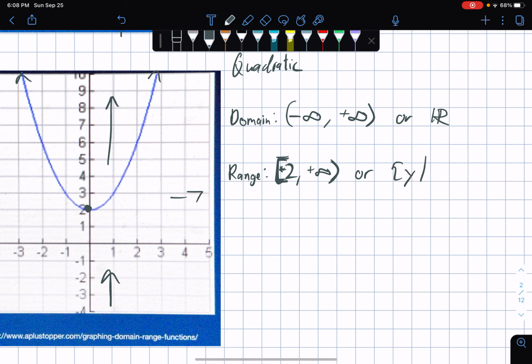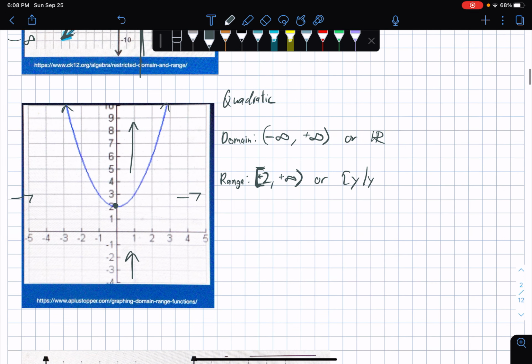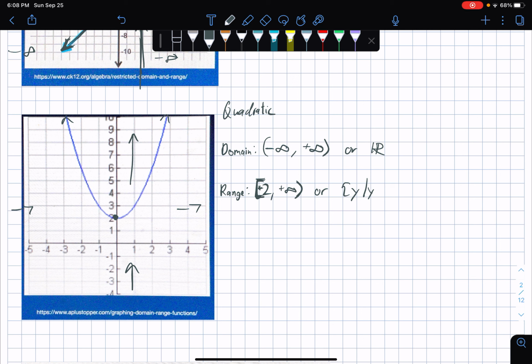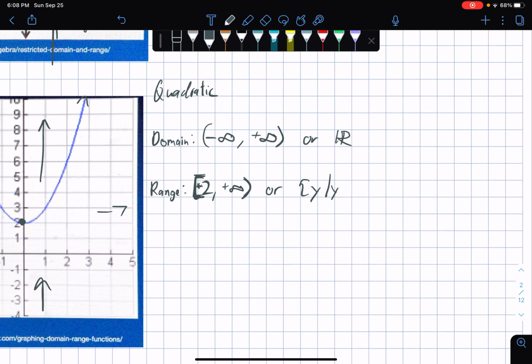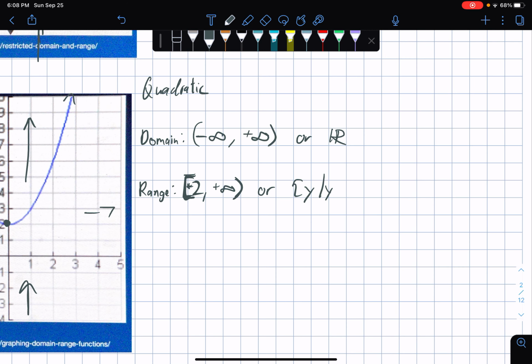So y, this is actually set builder notation. Writing answers in set builder notation, I think, would come in handy, especially if you're trying to find the domain and range of root and rational functions, as it's really difficult to graph those two types of functions. So y is greater than or equal to positive 2.